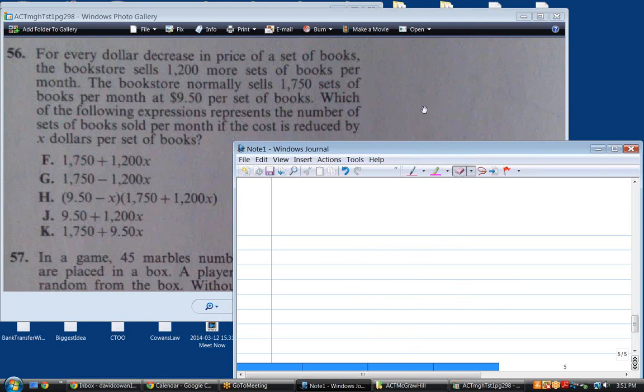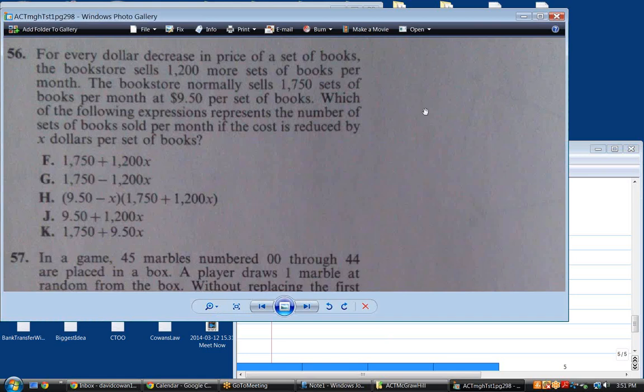Okay. All right, let's look at this problem here. X is dollars per set of books.